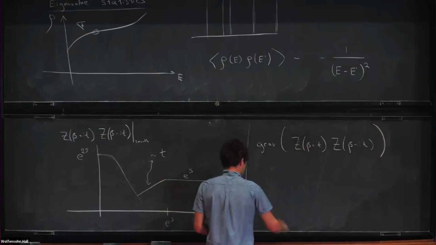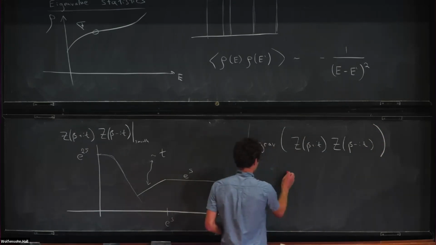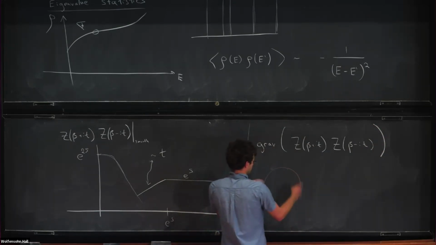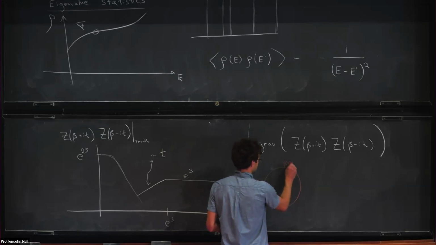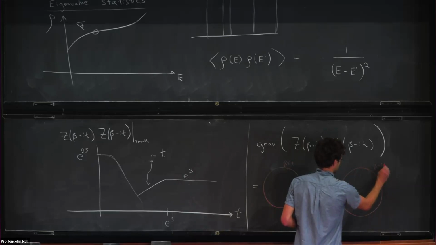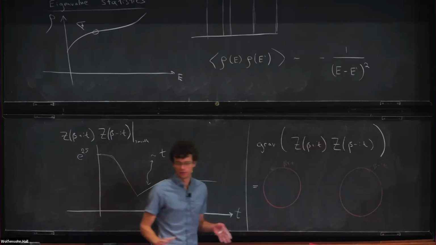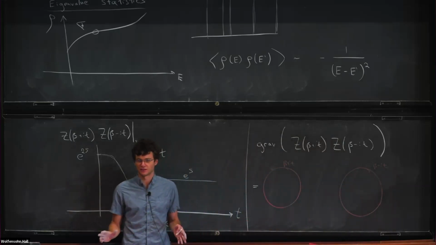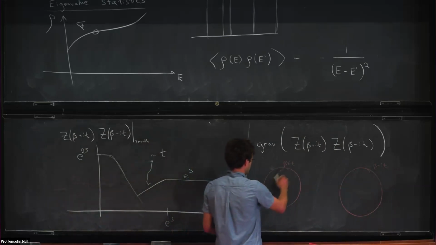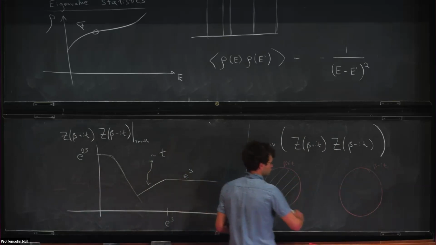So to do that, we're supposed to take two circles, and they're going to be complexified circles. So this one is beta plus it, and this other circle is beta minus it. And then we try to fill them in different ways by solutions to Einstein's equations. So one way you can fill them in is you just fill them in like this, like two disks.